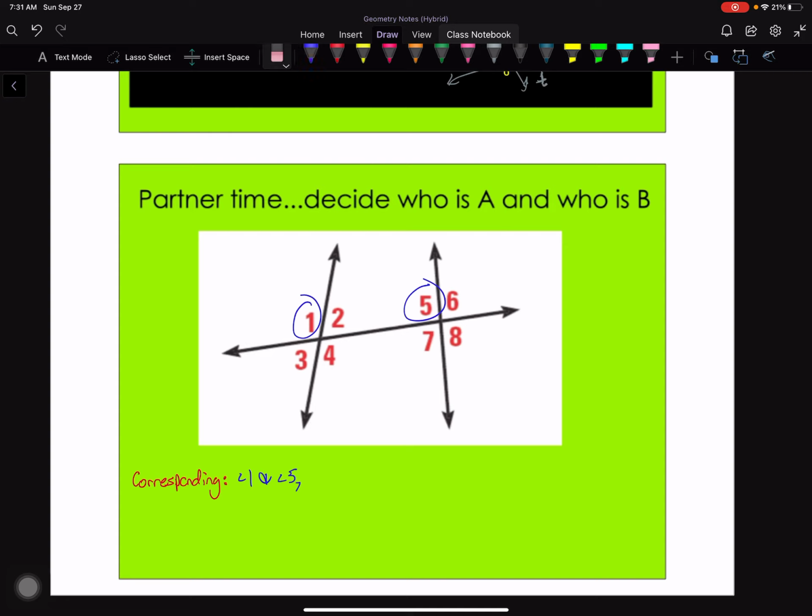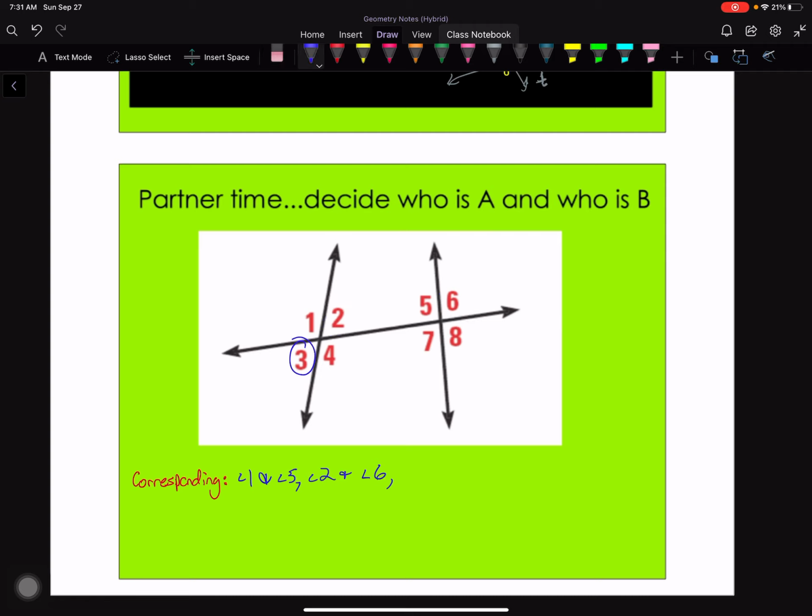Okay, let's go ahead and erase that one. So we could also say that angle 2, it's to the right of the transversal and above, and angle 6, they're in the same position. Angle 2, and that's an and symbol right there, by the way, and angle 6, in the same position, just on different lines. We can hop down here.